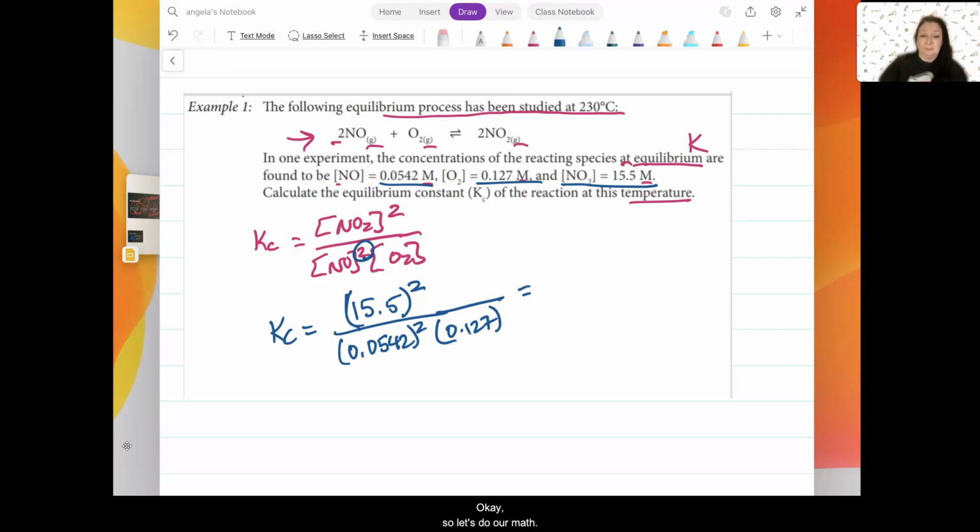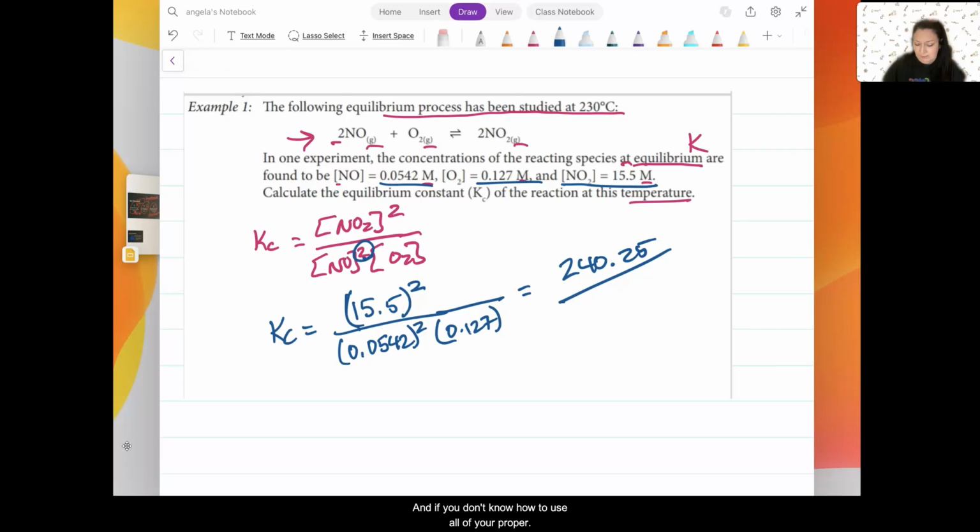Okay, so let's do our math. A lot of you have all the proper functions and know how to use your fraction keys, so that's going to be a little bit faster for you. And some of you don't know how to do it. So I'm just going to calculate my numerator first. This is something you should be working on in class.